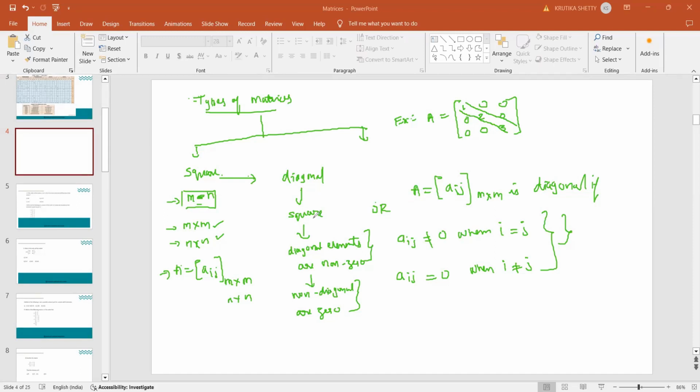If you have your NCERT books, the definitions are given there. Take a screenshot. No problem with the definitions. As per the NCERT book only, we are discussing the topics here.